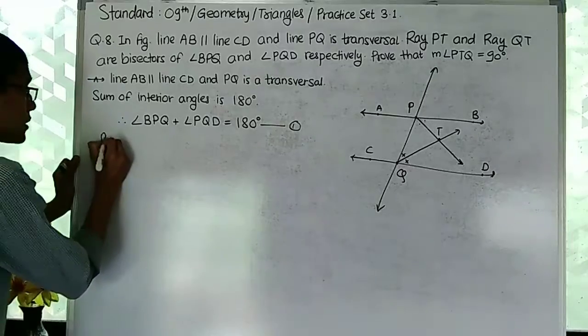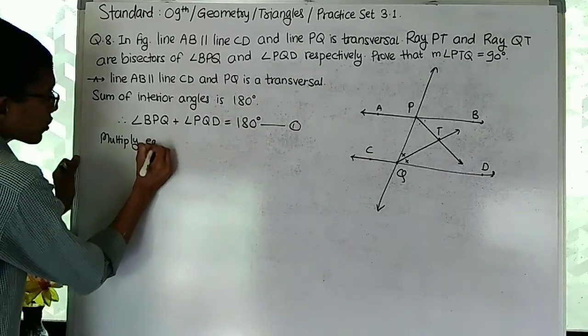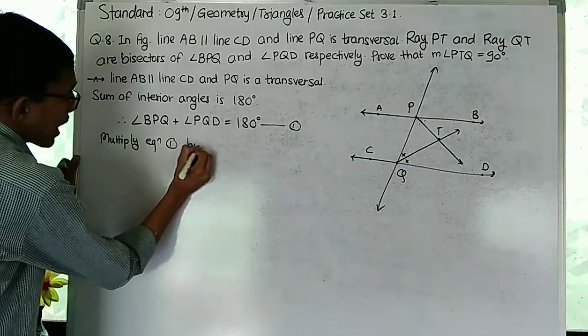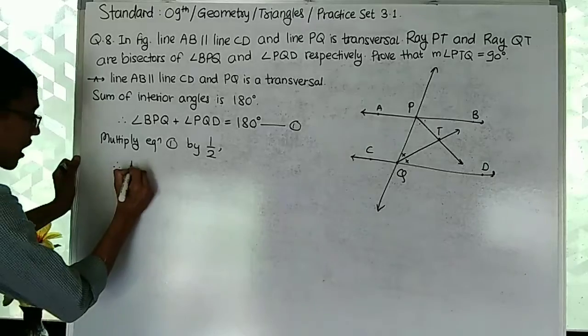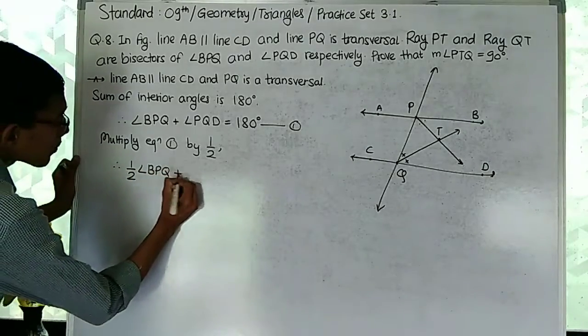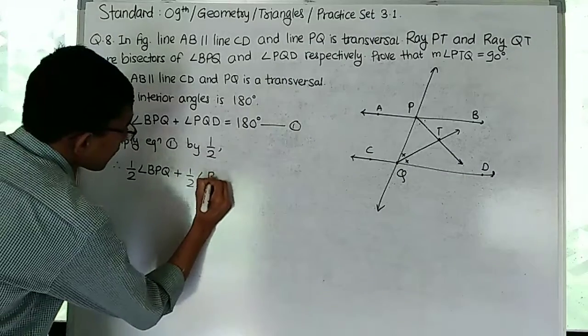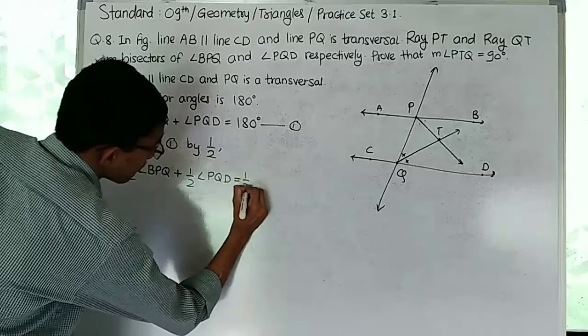Now I will multiply equation 1 by half, that is 1 upon 2. Therefore I am going to get half of angle BPQ plus half of angle PQD is equal to half into 180.